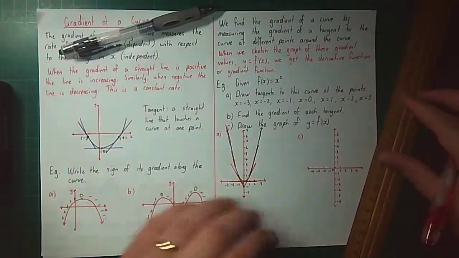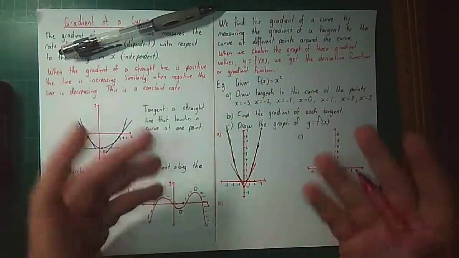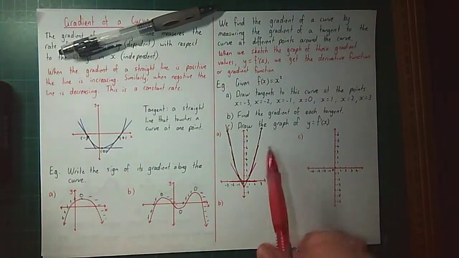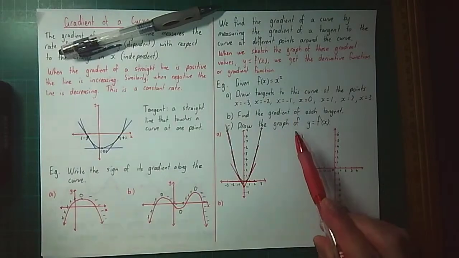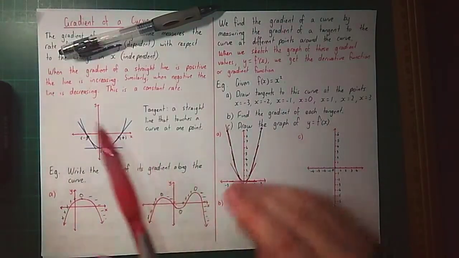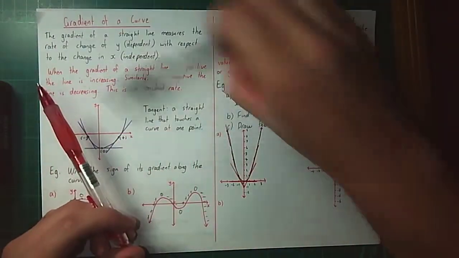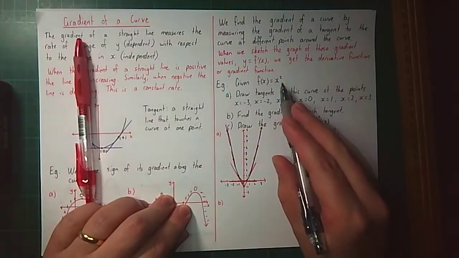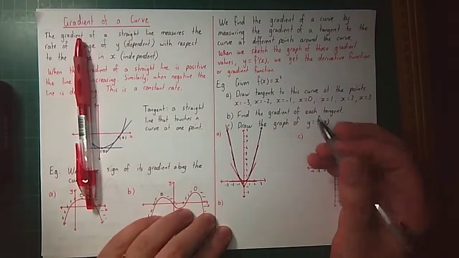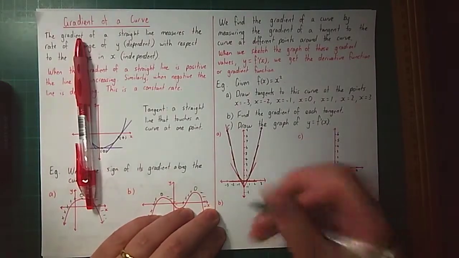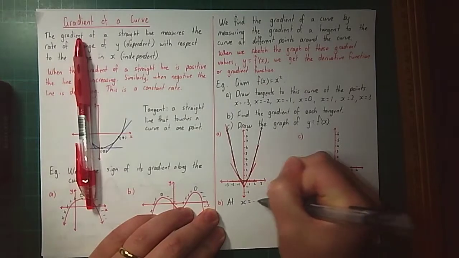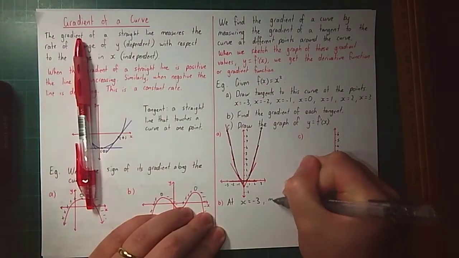Okay, so now we've drawn the tangents. At first that doesn't necessarily seem to make too much sense, but you'll see when we find the gradient of each tangent, it'll be a bit more helpful. Okay, so we know that f of x is x squared. That's quite important to know. And I'm just going to say, well, at x is equal to -3, we're going to have a gradient.